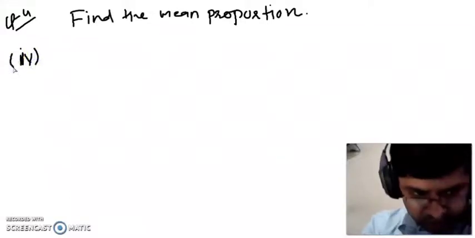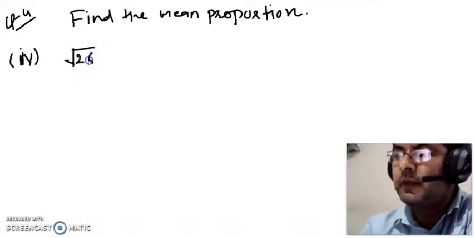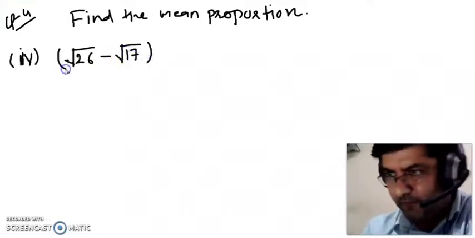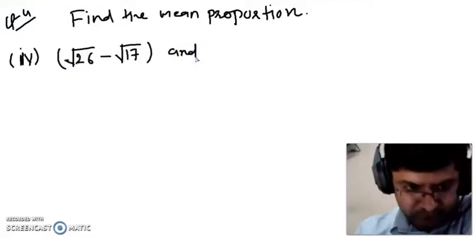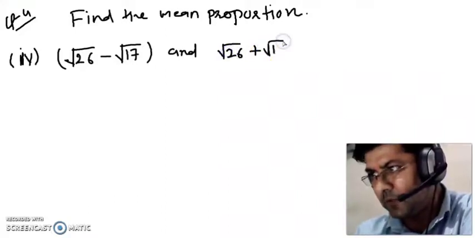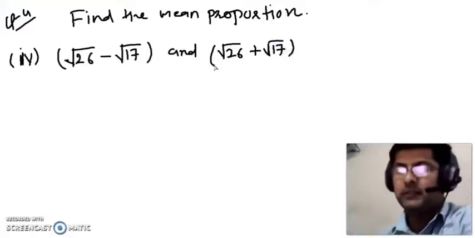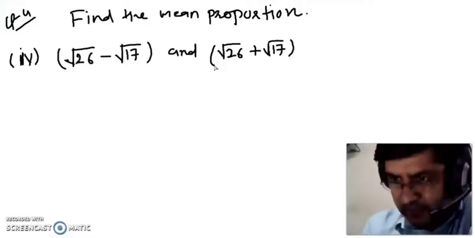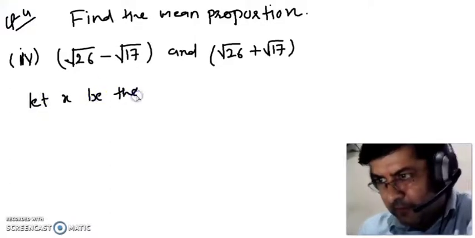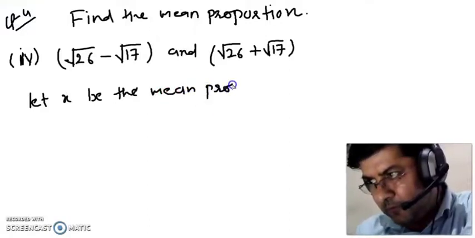Number 4. We are given square root of 26 minus square root of 17 and square root of 26 plus square root of 17.